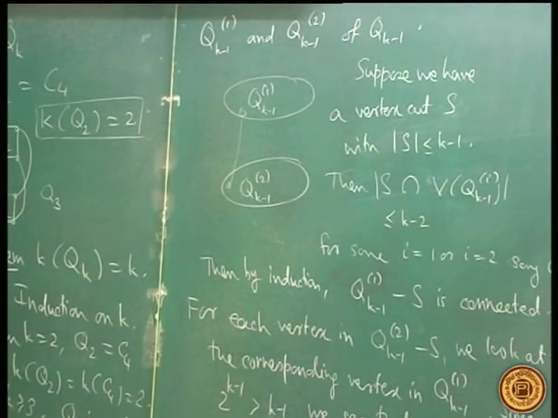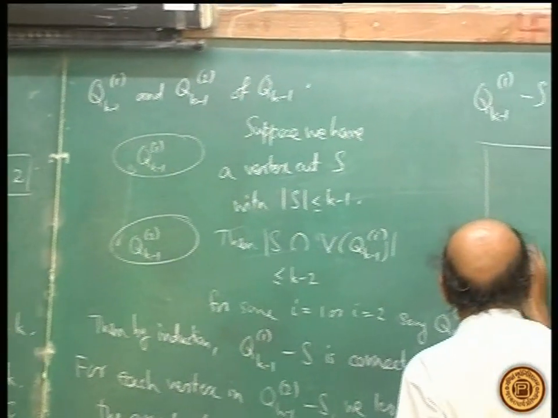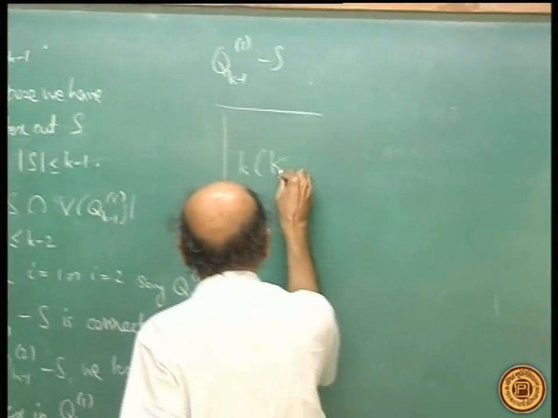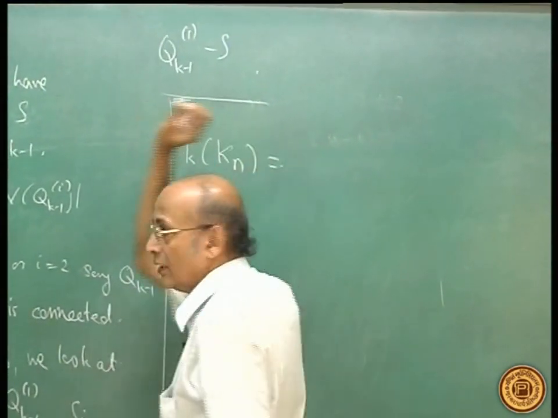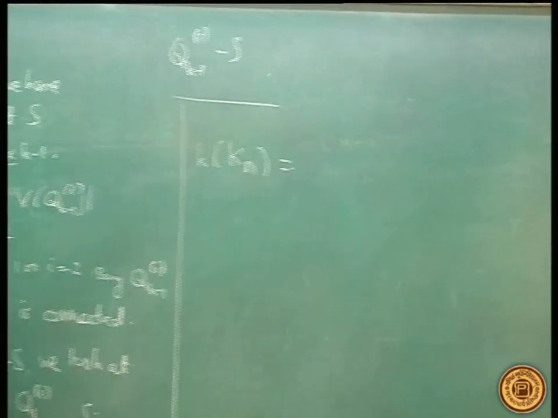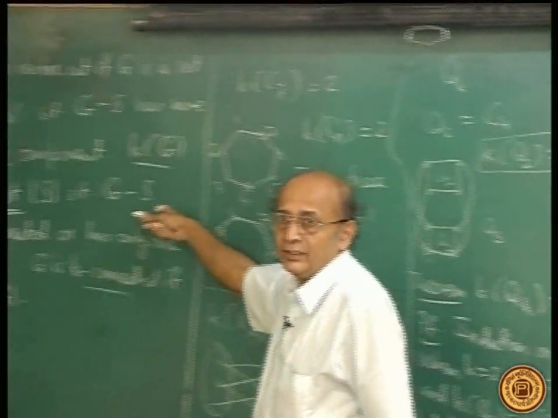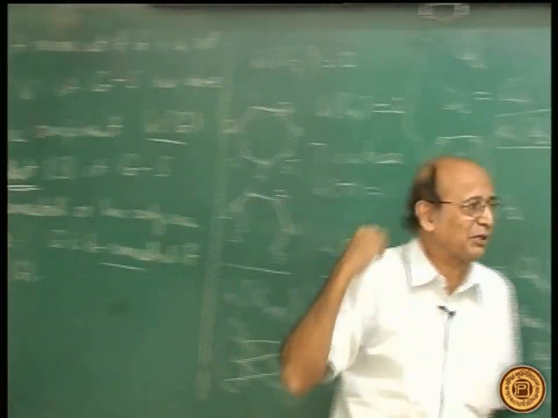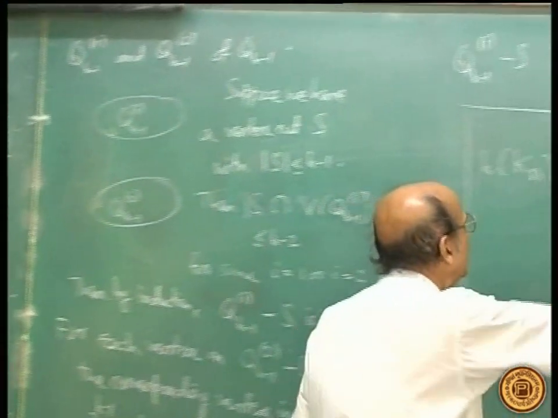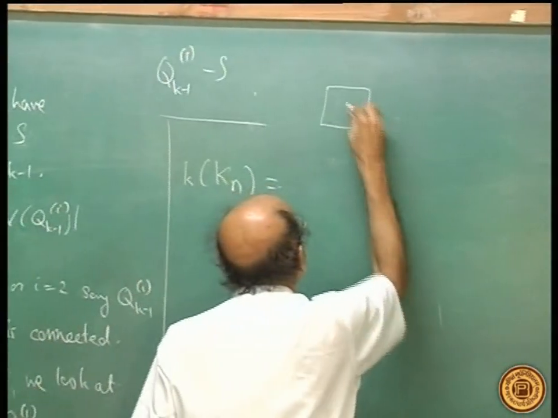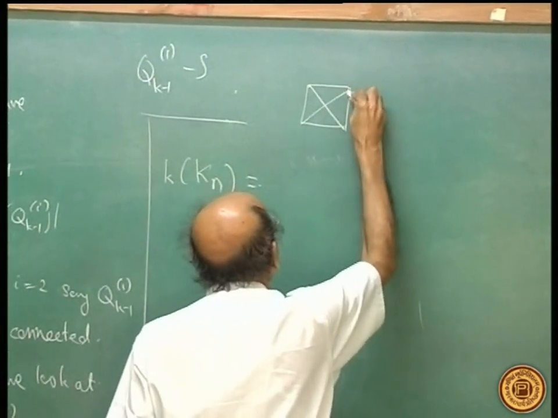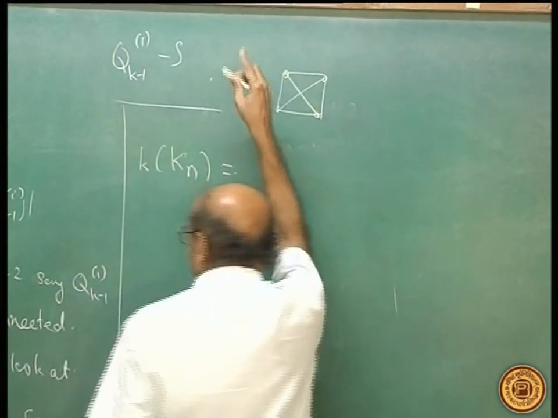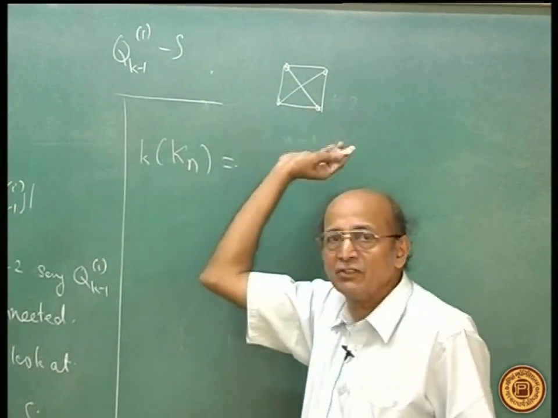What about the connectivity of a complete graph? A complete graph has no vertex cut. A complete graph cannot really have a vertex cut, that's clear, because no matter how many vertices I remove, the resulting thing will still be connected.